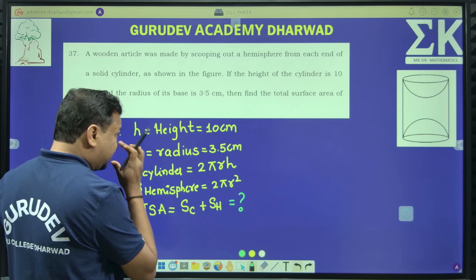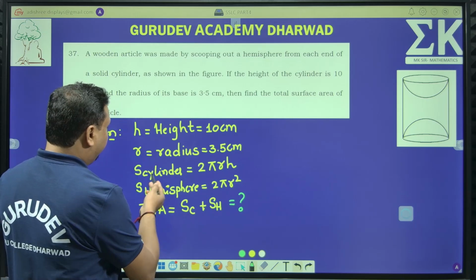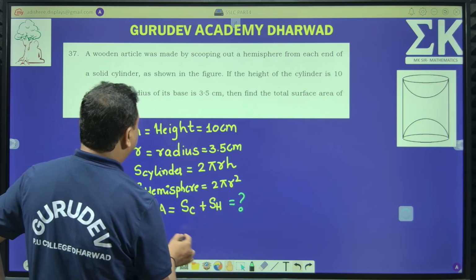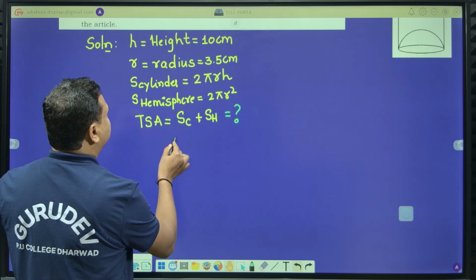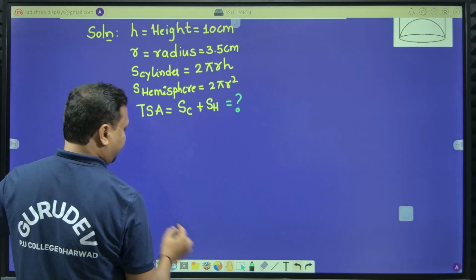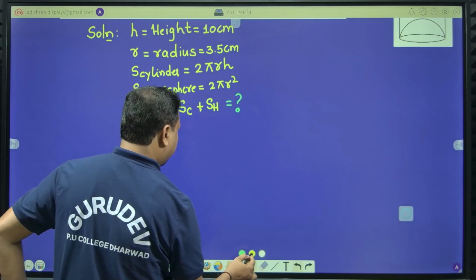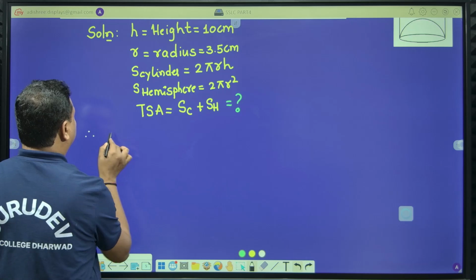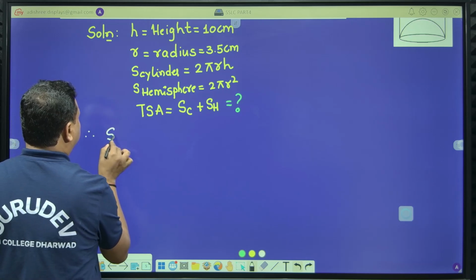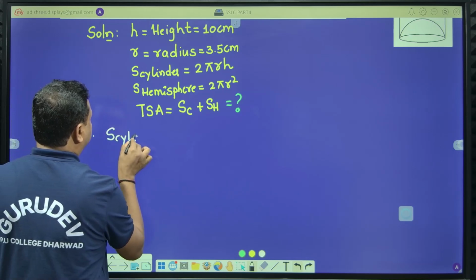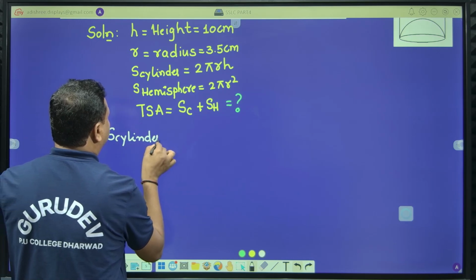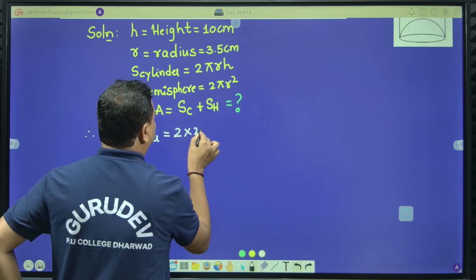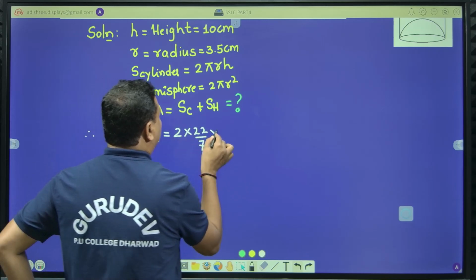Suppose we want to find the surface area of the cylinder. Therefore, surface area of the cylinder is equal to 2 pi r h.